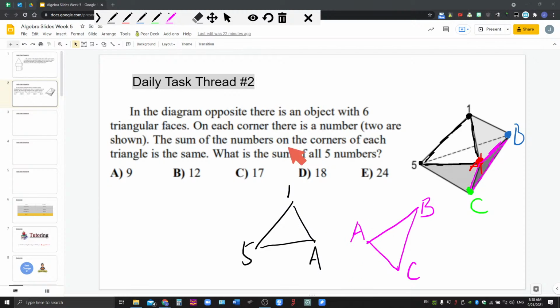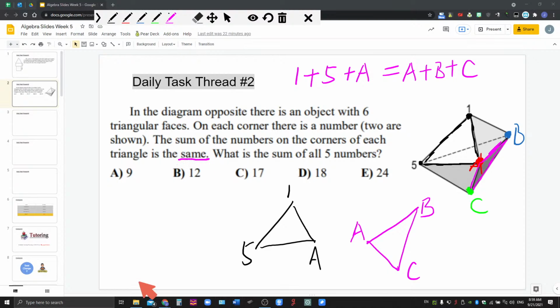Now, according to our question, the sum of numbers on the corners of each triangle is the same. That means the sum on the left and the sum on the right will be equal. So we have an equation: 1 plus 5 plus A for the one on the left will be equal to the one on the right, which is A plus B plus C, because the 2 triangles' sums are equal.